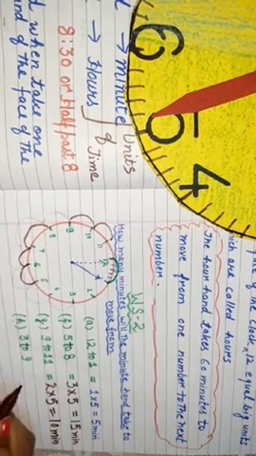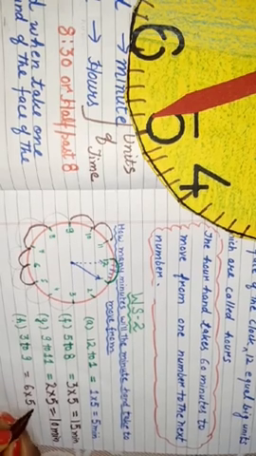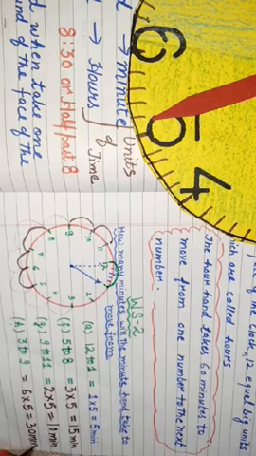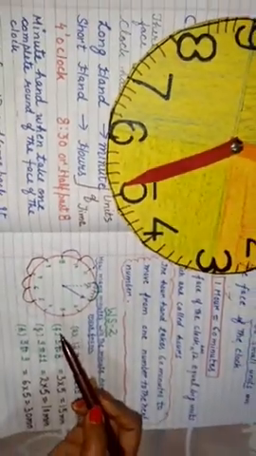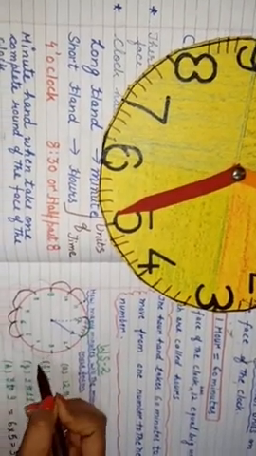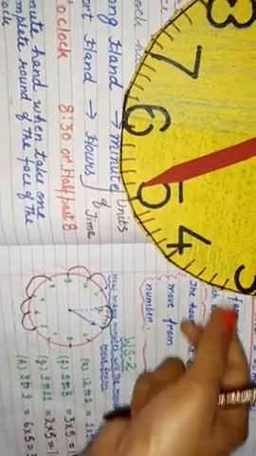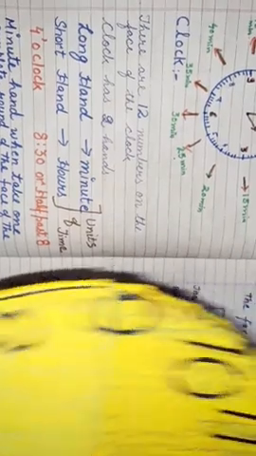So it's your 6 multiply 5. So 6 fives are your 30 minutes. So in this way you can calculate minutes. So dear children, if you have to count minutes, you have to count the jumps and then you will multiply with 5. And if you have to count hours only, hours are very simple.